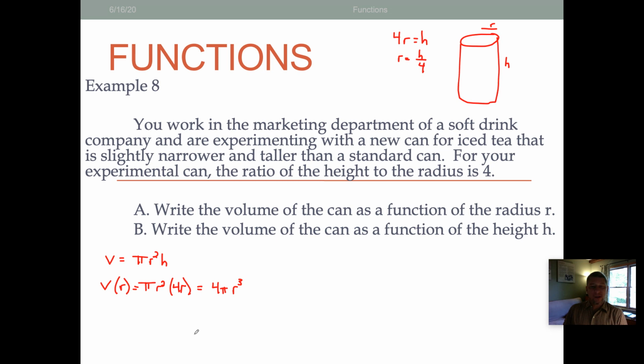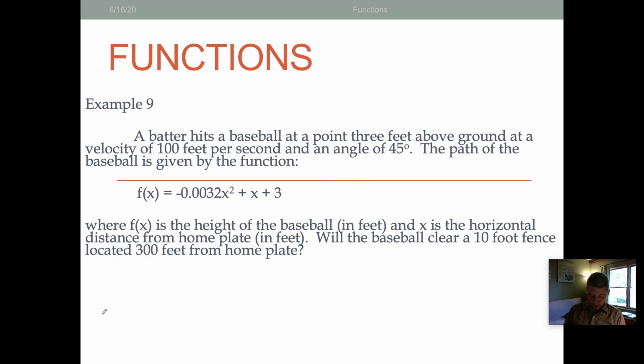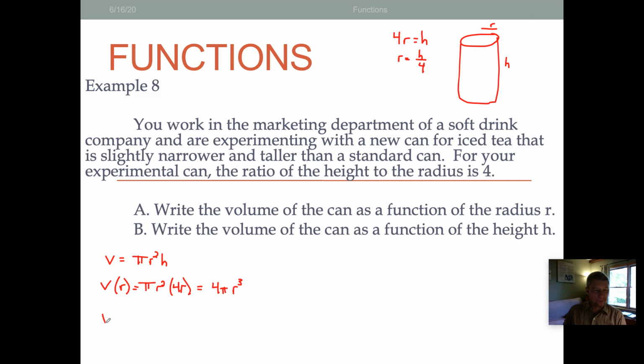Now, if you're asked to write the volume of the can as a function of the height, we do this. Volume in terms of h, so V of h is equal to pi times, now, r is equal to h over 4.